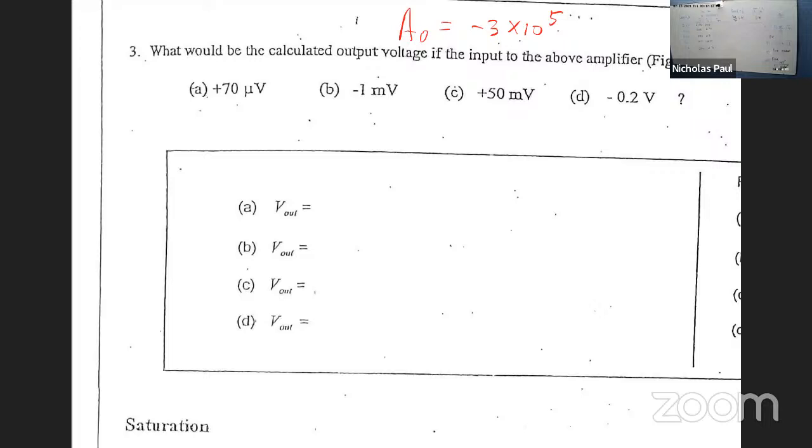Which one? First one is micro, the next two are millimeter. So micro is 10 to the minus 6, millimeter, let's say minus 5. Oh, well, then it's minus.